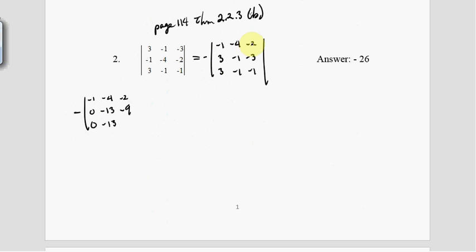And then 3 times negative 2 is negative 6 here, plus a negative 1 is negative 7. All right. So I'm going to say that this is the determinant of 1, 4, 2, 0, negative 13, negative 9, and this is 0, 0, and this is 2. You see what I did?